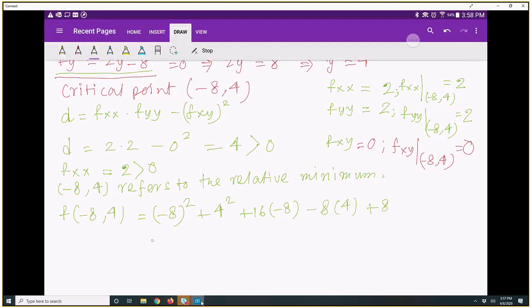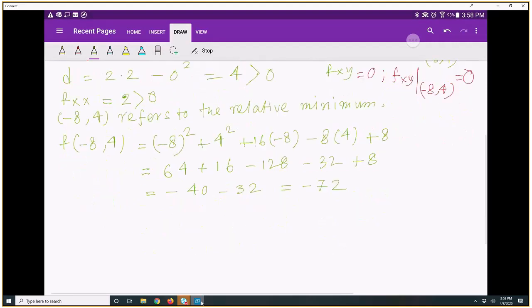So let's see how much we get. I get positive 64 plus 16, and I get negative 128 minus 32 plus 8. So 64 plus 16 is 80, plus 8 is 88. Negative 128 plus 88 is negative 40. I have one more negative number. Together they give me negative 72.